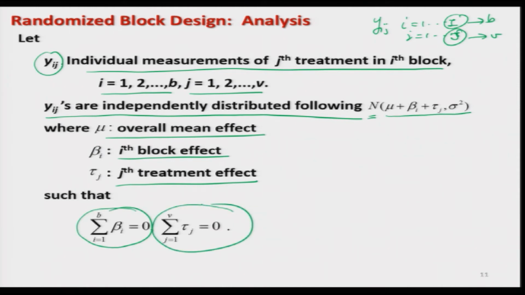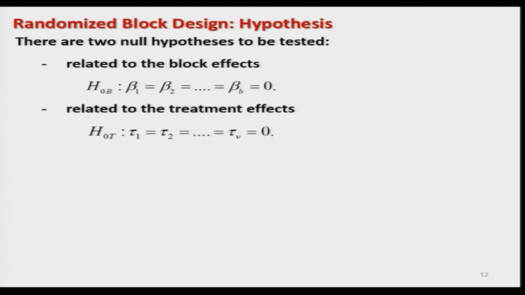Now, you know why these constraints are coming, otherwise you will not be able to estimate the parameters uniquely. The parameters will not remain estimable, but I do not need to explain these things again and again, as you now know how to conduct that analysis of variance.